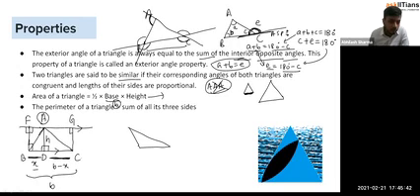Since both of these are 90, the sum of interior angles is 180 degrees, so CG and AD are also parallel, and this will also be 90 degrees.